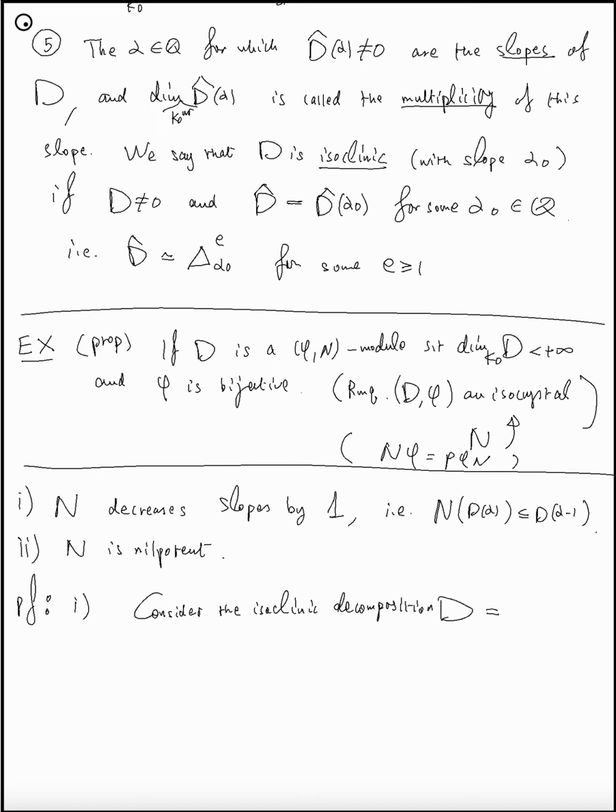D equals the sum of D alpha, alpha a rational number, of the underlying isocrystal.